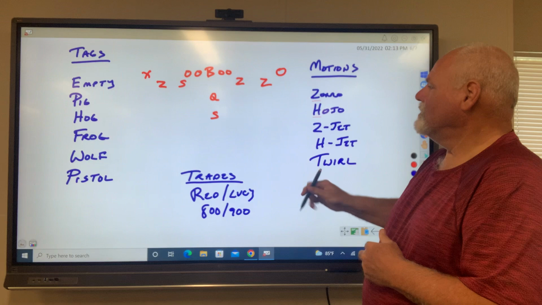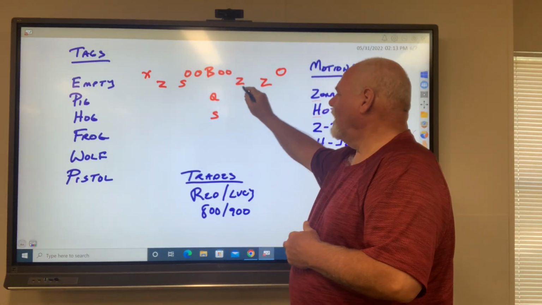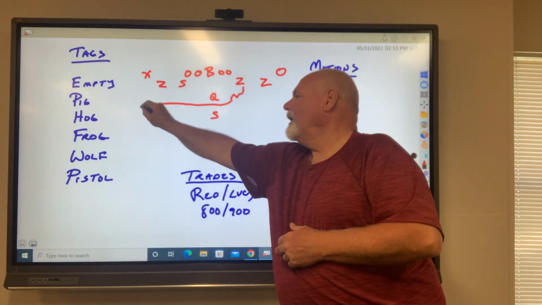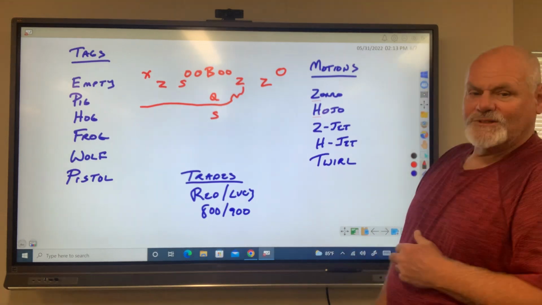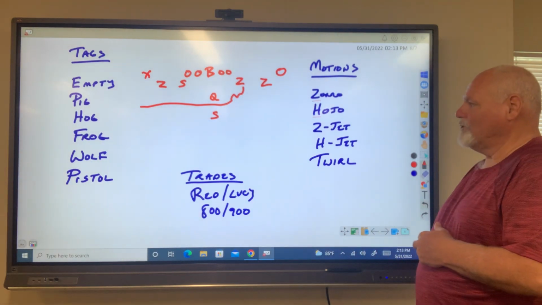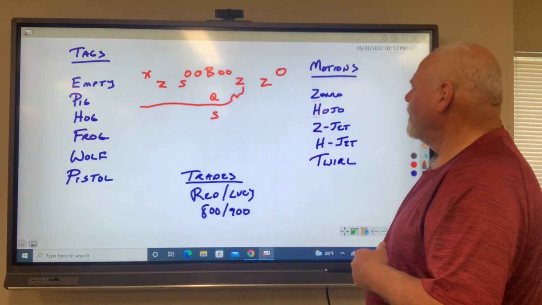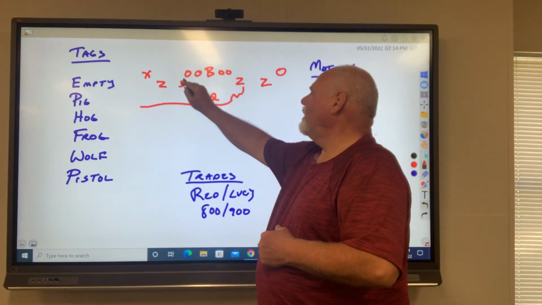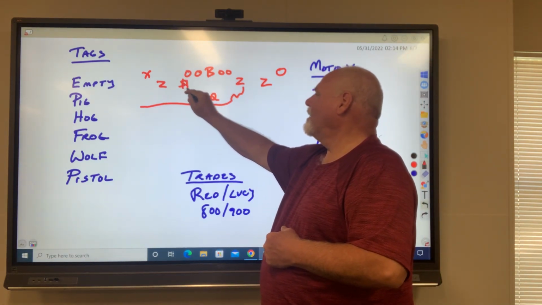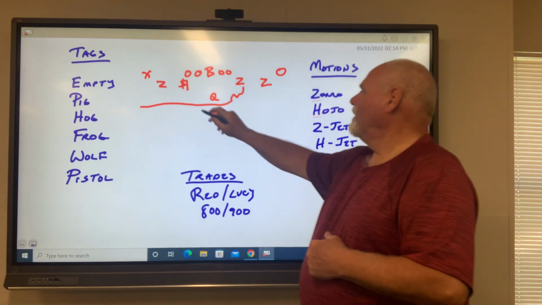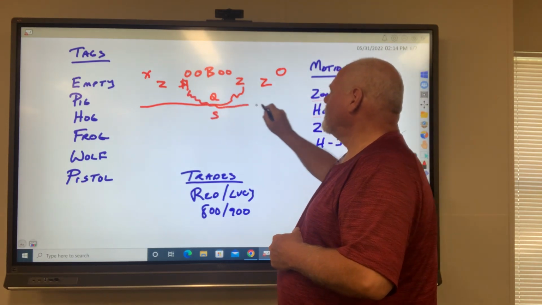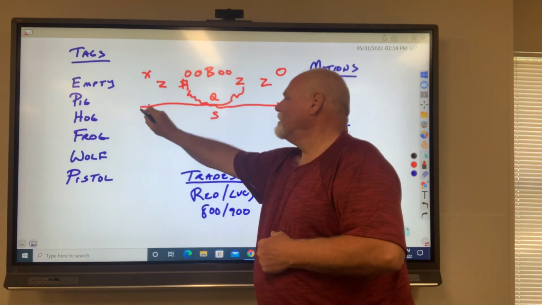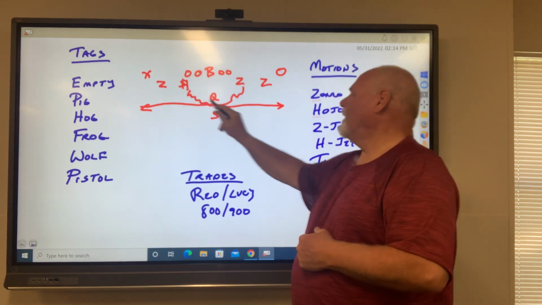Z, Zorro. Zorro is motion coming behind the quarterback and going parallel until he receives the ball or out to the landmark, which we discussed based on which play. Hog would be the H-back, excuse me, not Hog, Hojo, and he is doing the motion. So you got Zorro and you got Hojo.